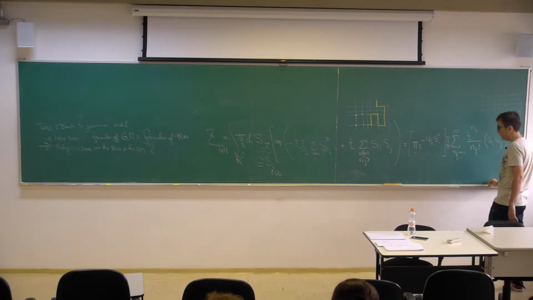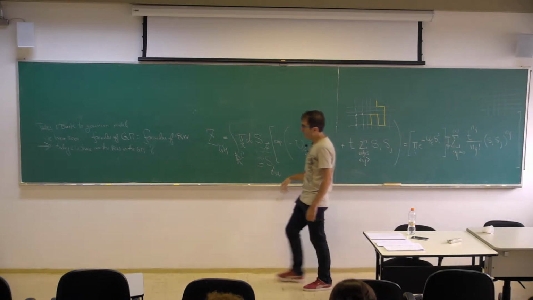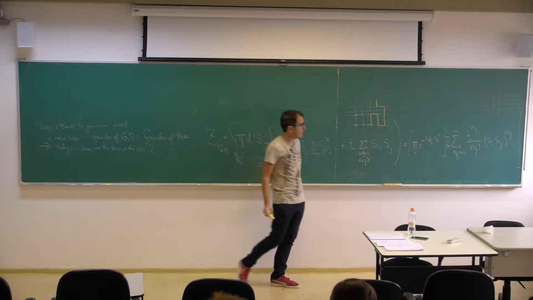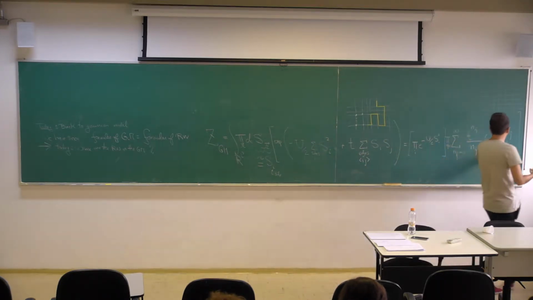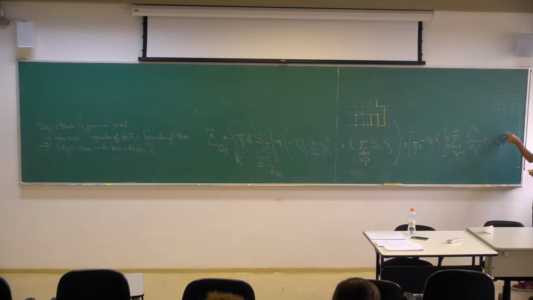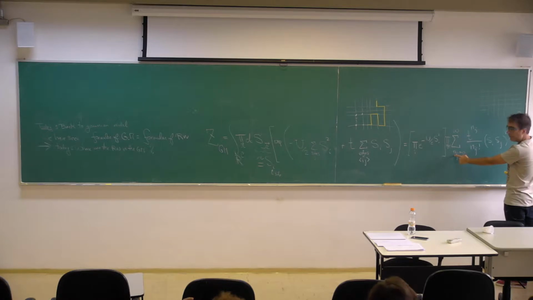We sum over configurations that can have any number of Si Sj to the power nij. So at each edge there is an integer now. You agree? So I make a product over edges, and for each edge there is an integer that can be 0 or positive.